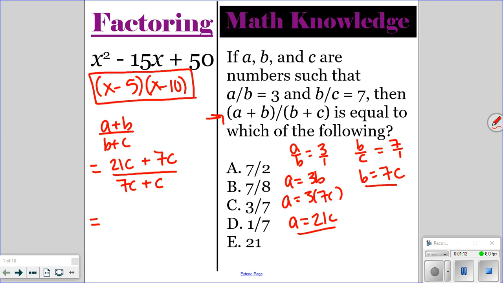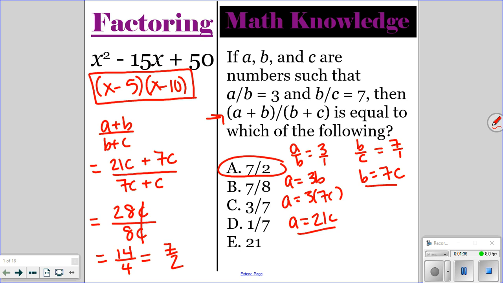So 21c plus 7c is 28c, and 7c plus c is 8c. So 28c over 8c, the c's cancel, and this reduces to 14 over 4, which reduces to 7 over 2. So A would be your answer.